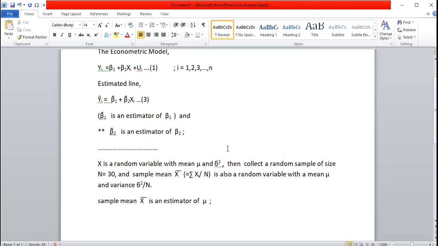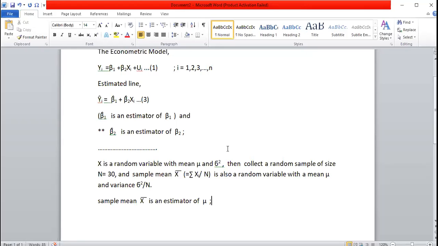Sigma square by n? No, actually, it's the sample variance. It's something similar. The sample variance will be an estimator of sigma square.